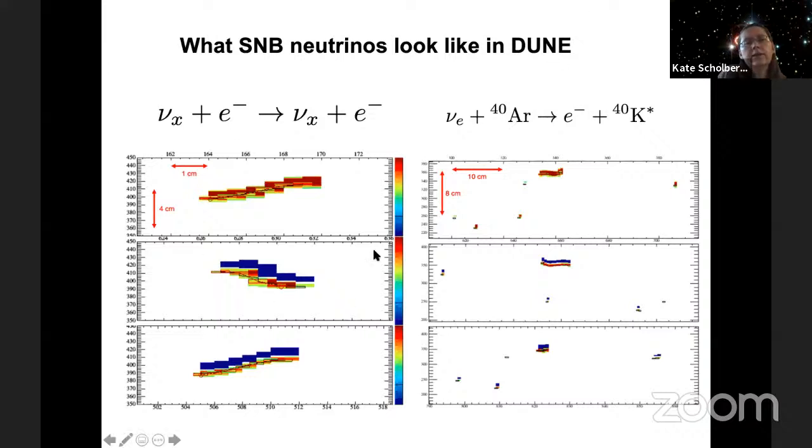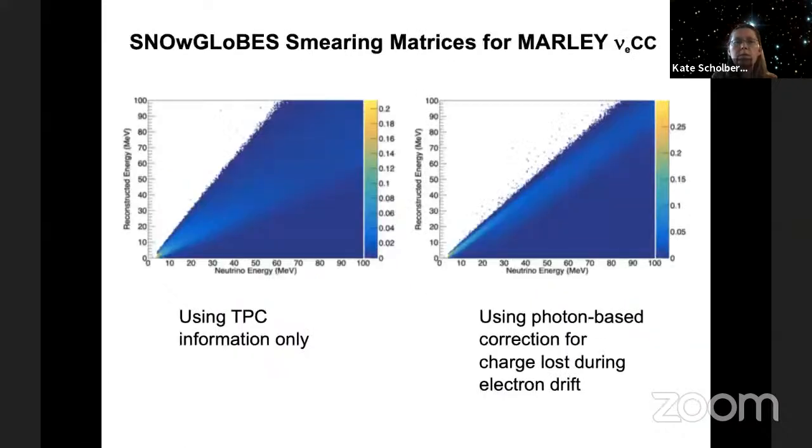In contrast, on the left-hand side, this is what you'd get if you have a neutrino that just comes in and kicks an electron. It just makes a single clean electron track. What we're trying to evaluate now is how well we can, in practice, tell the difference between the left-hand side one and the right-hand side one, which will be very important for interpreting the signal.